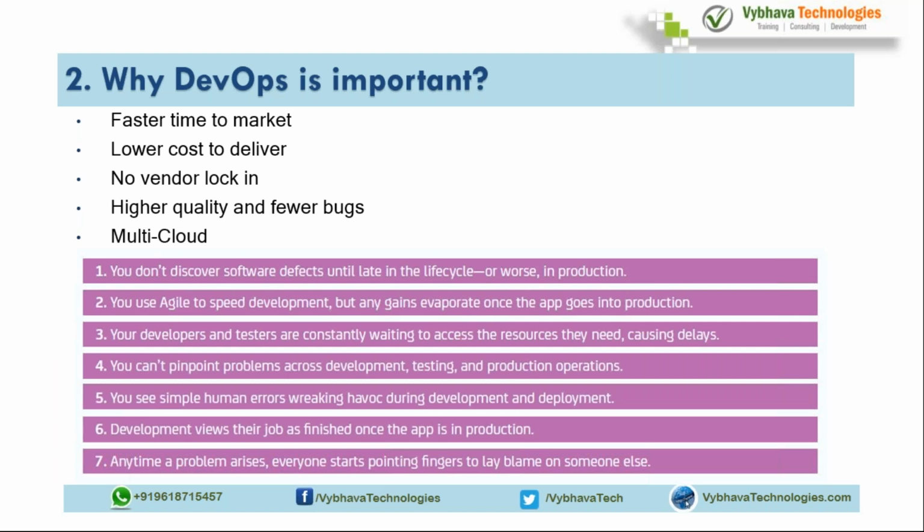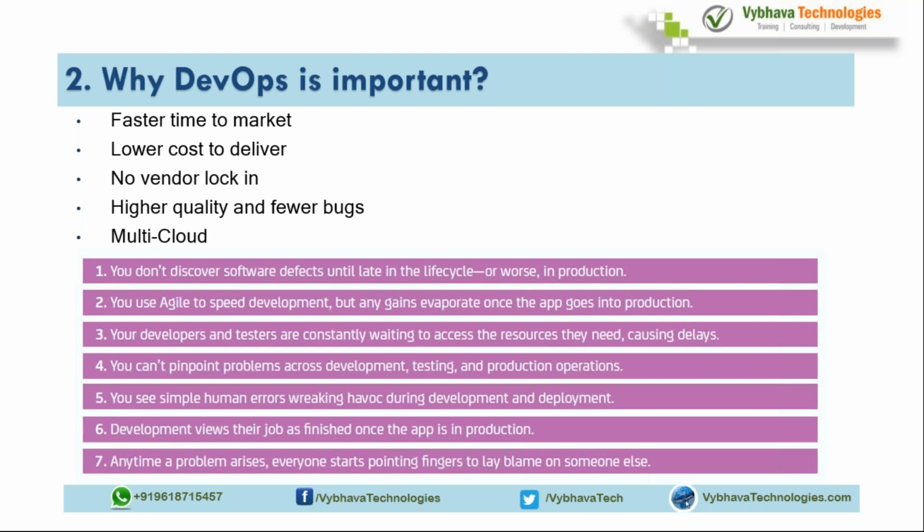Anytime a problem arises, everyone starts pointing fingers to blame someone. In production, if something goes wrong, the database is not working, or the network is not working, some other team will be looking into it. So people are always looking into other teams' mistakes and saying that this is not our mistake.